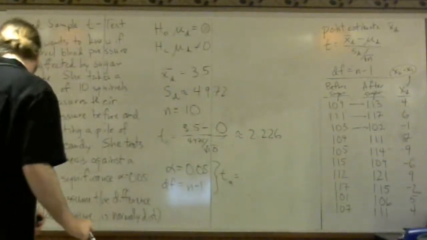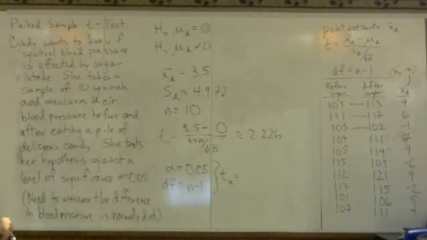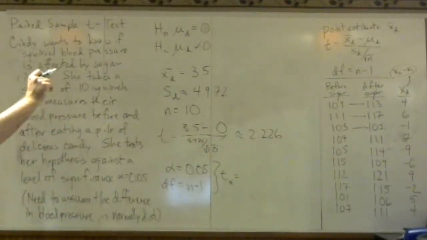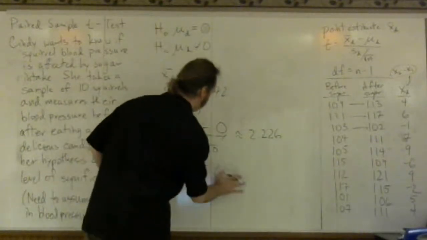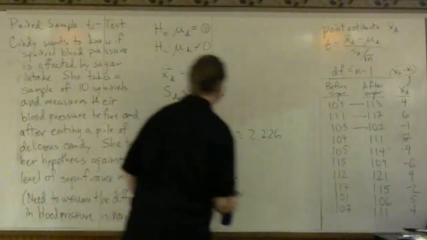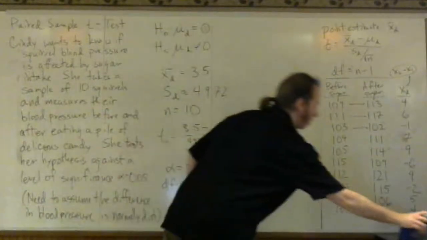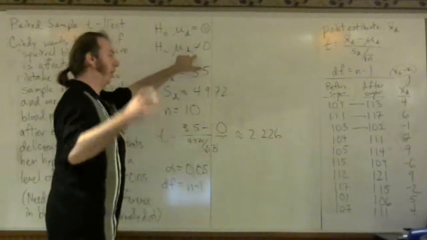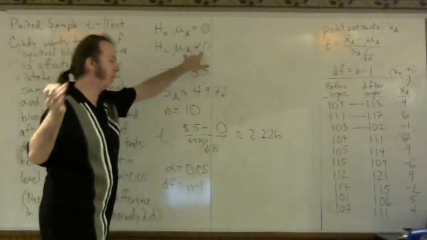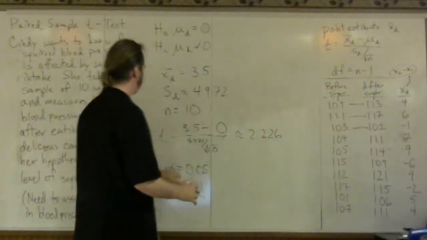My t-value for that particular alpha, and here I need to be careful. My alpha is 0.05. My alternative hypothesis isn't greater than or less than, it's not equal. So that changes how I want to do this.